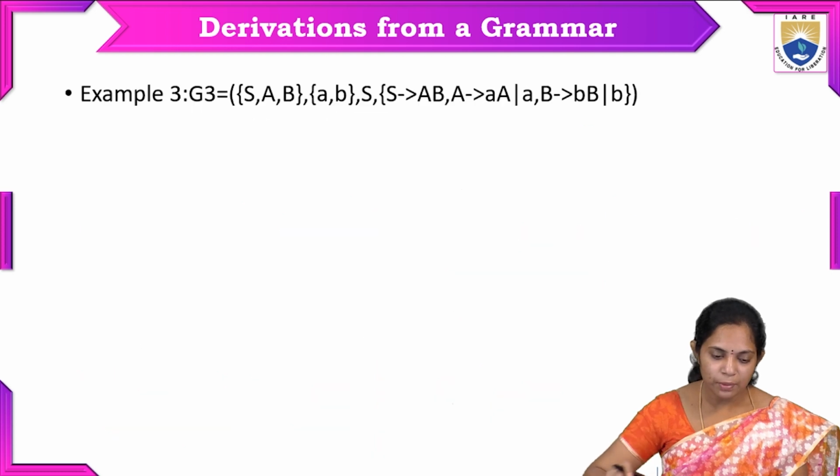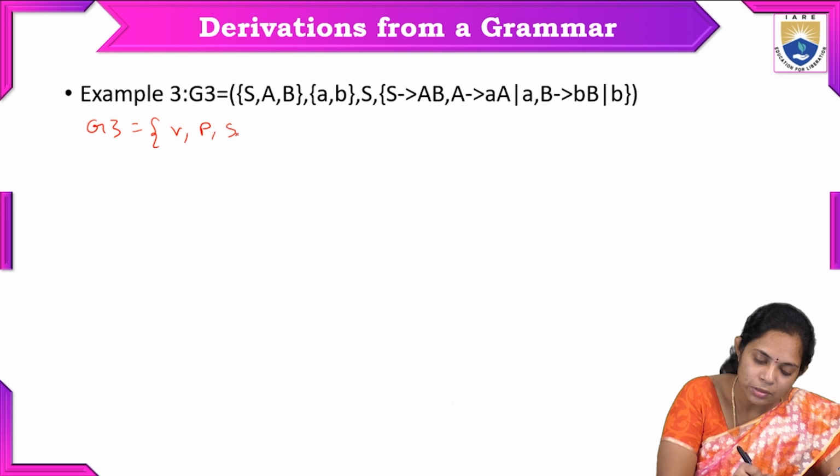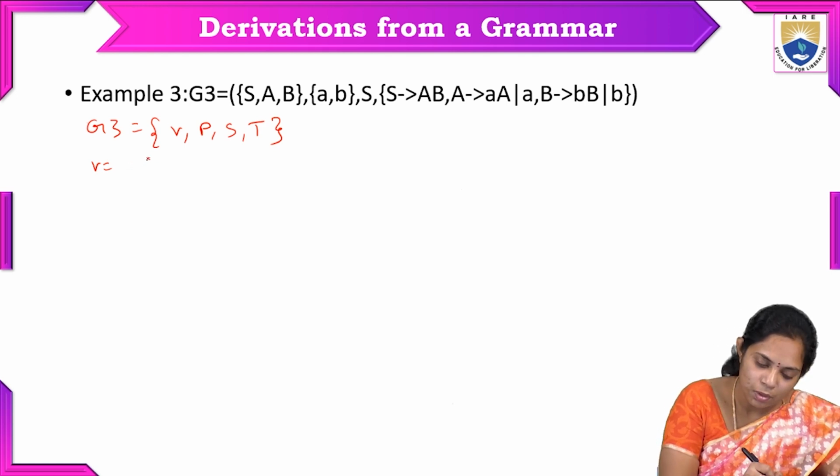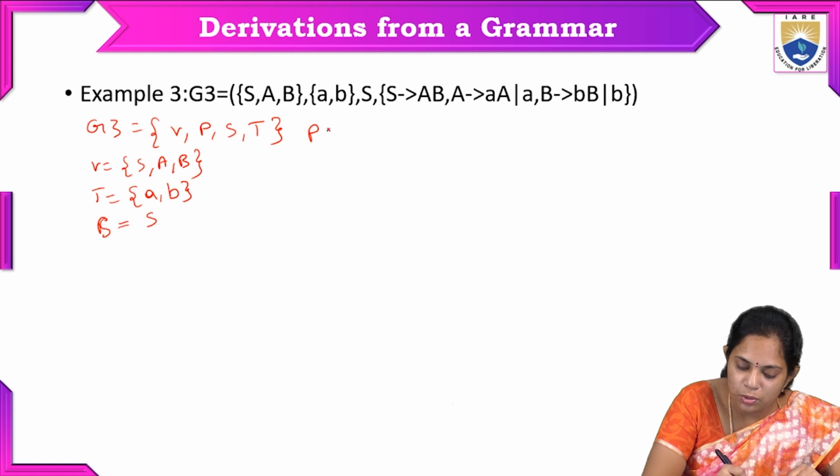And one more example. Let me write the tuple for this grammar. So what is the tuple? V, T, S, P. Here V is equal to S, A, B, and T is equal to the terminals A comma B, and S is the start symbol. And what are the production rules?